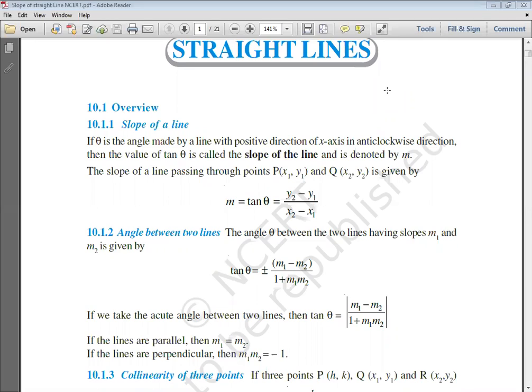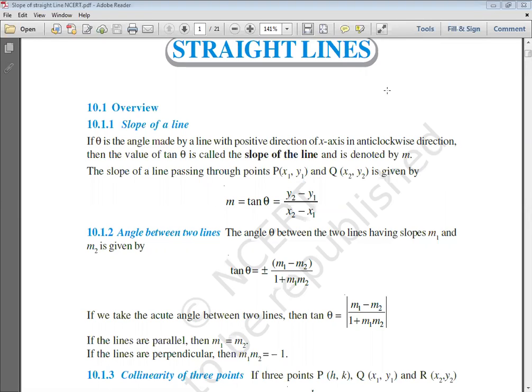So the first behavioral thing regarding a straight line is inclination. In different directions, meaning with different inclinations, lines exist. But to define slope, we only consider the inclination of the line with the positive direction of the x-axis.